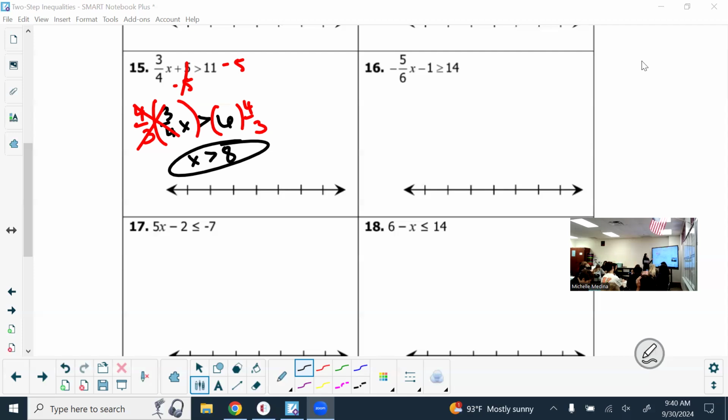So we could have either multiplied by 4/3 on each side or divided by 3/4 on each side. That's a positive number, so I don't need to flip the sign. And when I multiply this, 6 times 4 is 24. 24 divided by 3 is 8. But again, we can use the calculator. Any questions on that? I didn't graph it this time, but hopefully you know how to graph it if you need to. Scrolling down, let's look at 20.